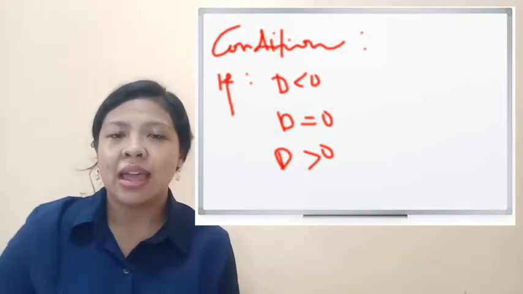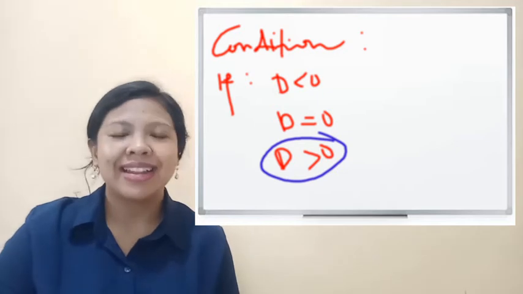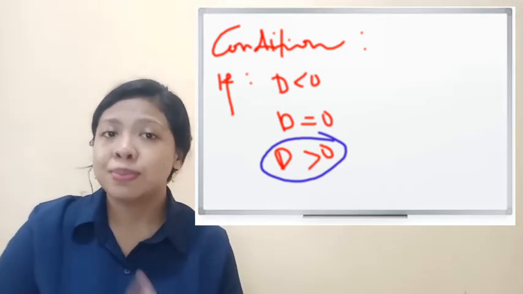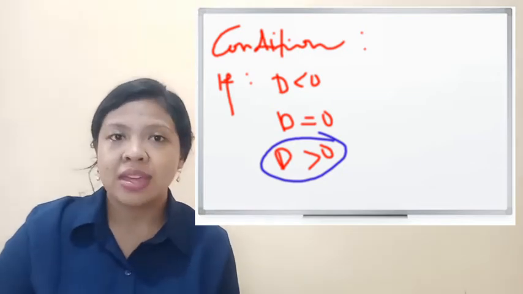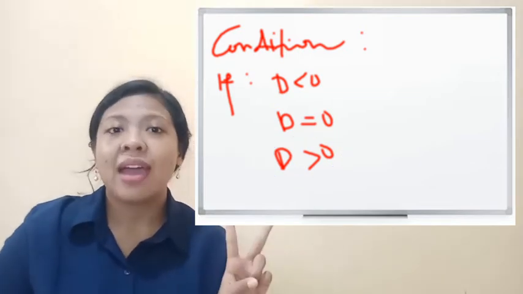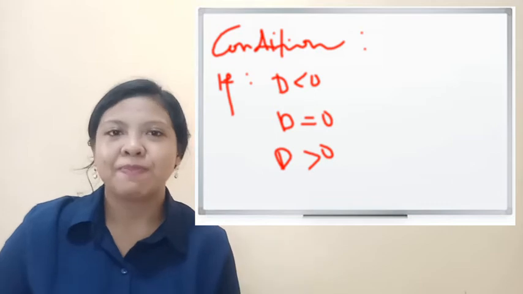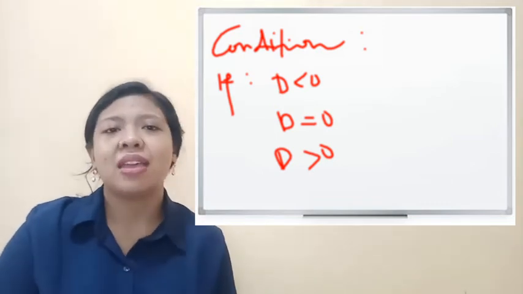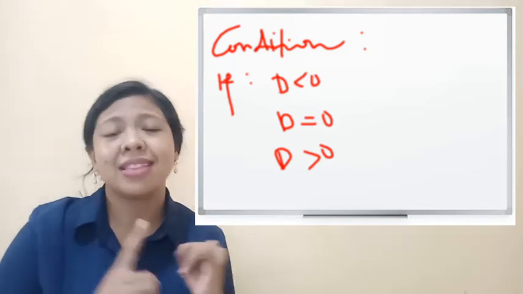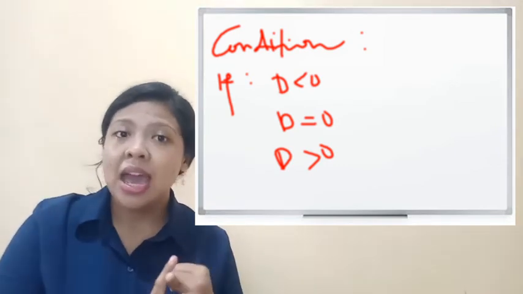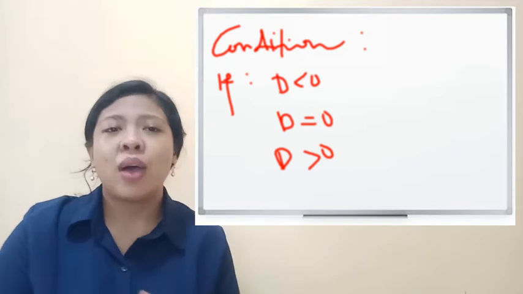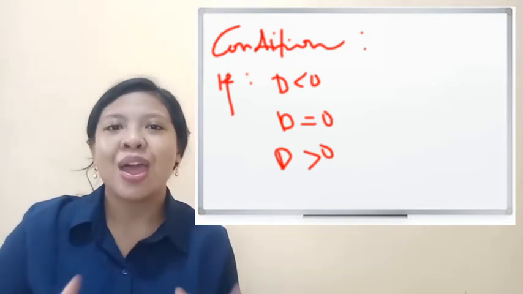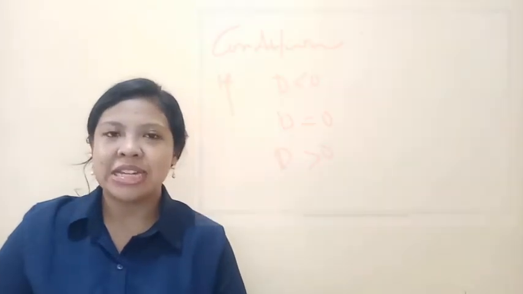And the next one is, if the discriminant is bigger than 0, it means the quadratic equation has 2 kinds of real roots. So, based on the definition, I think you already know which one is a, which one is b, and which one is c.